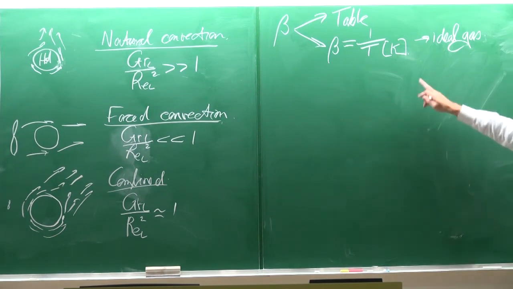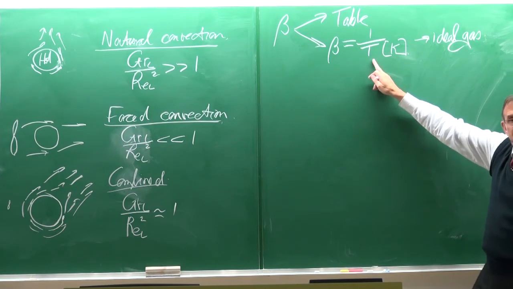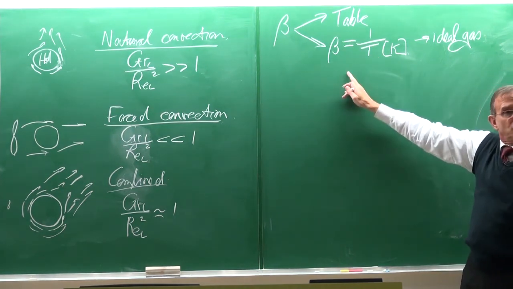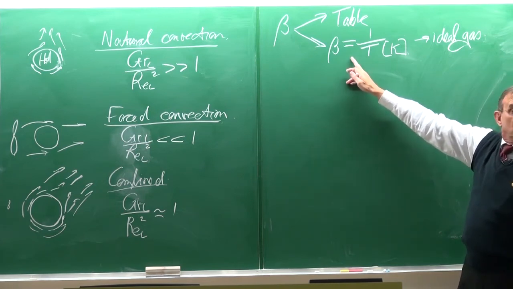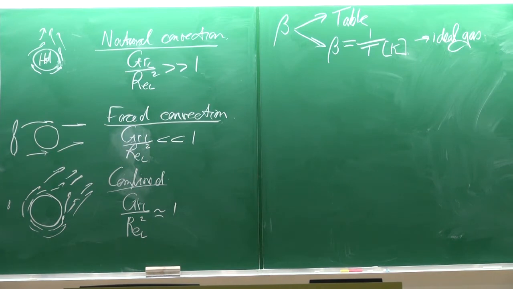So take note, you cannot always calculate beta from this. Always first try to get it from your tables. If you cannot get it from your tables, then you can only get it if you make the assumption of ideal gas. So this is the first mistake that most students will make.